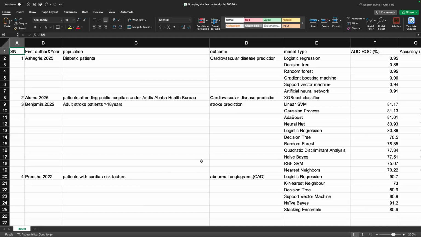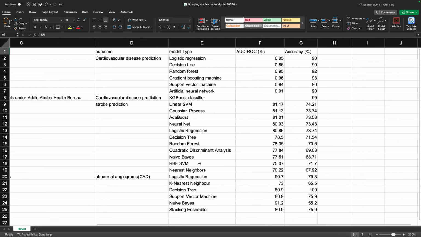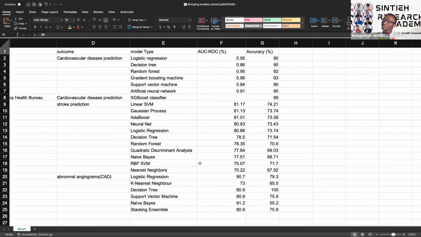Another had patients who had stroke, and the other ones had patients with cardiovascular risk factors. For the outcome, the outcomes are the same diseases. So I listed all the models that were included in the various studies and their area under the curve and accuracy. This is how I grouped the information I got from those articles.